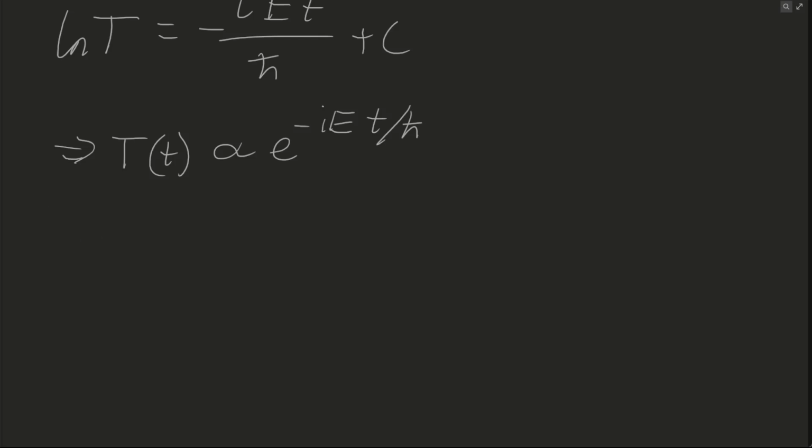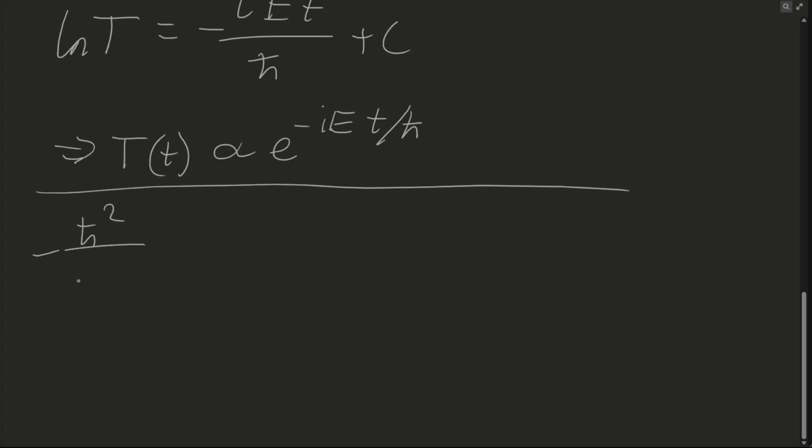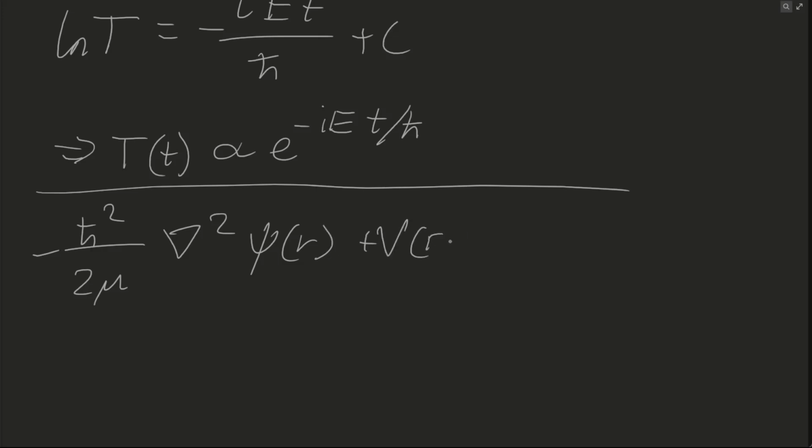I haven't done that just pointlessly. Anyway, from what we had above, we can in fact say that this is kind of separate from that, so I'll pop a line there. Minus h bar squared over 2 mu times the Laplacian squared times psi of r plus V of r times psi of r again is equal to E psi of r.